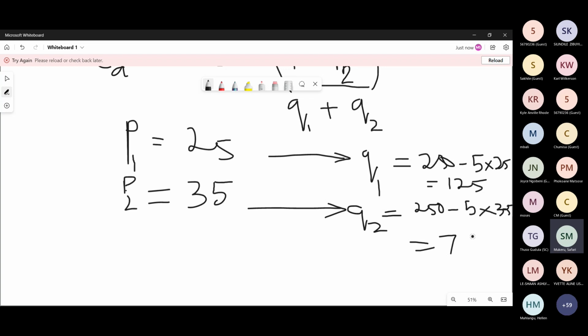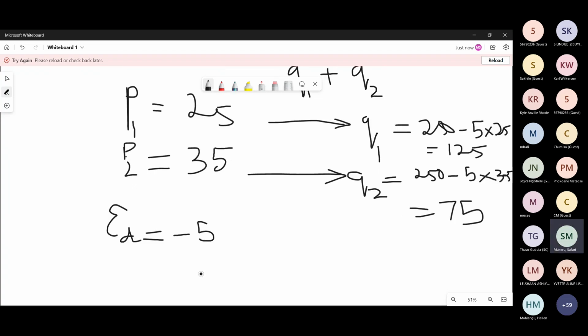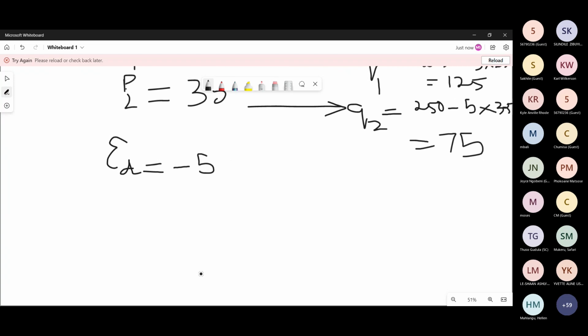Yes, 75. Now we simply apply the formula to find the arc elasticity, given by negative B. What is negative B again? Negative 5, right? Remember, B is the coefficient. Where is negative 5 coming from? Remember the formula, Q equals 250 minus 5P.